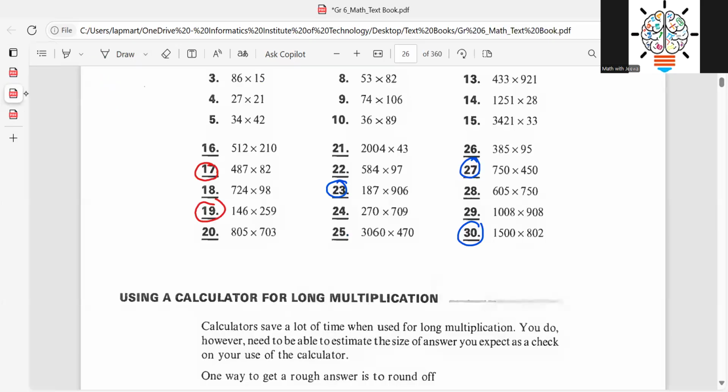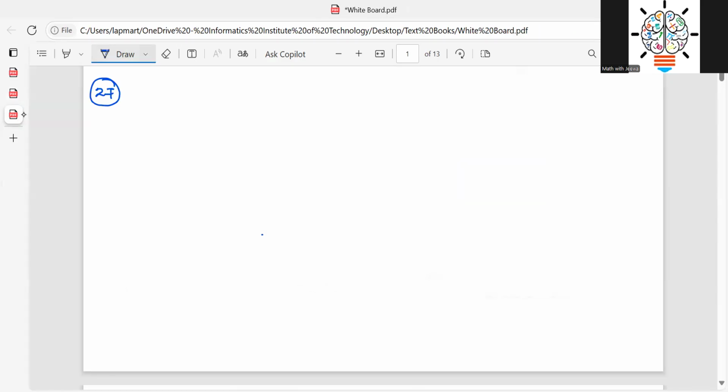27 we do have 750 and 450. Now here I will show you two methods we can do. 750, you multiply 450. I do this in a different way. 75 multiplied by 10. Instead of 750, I write 75 into 10.